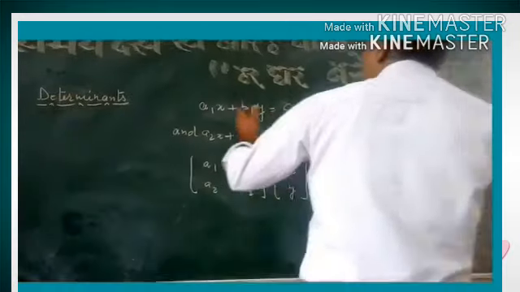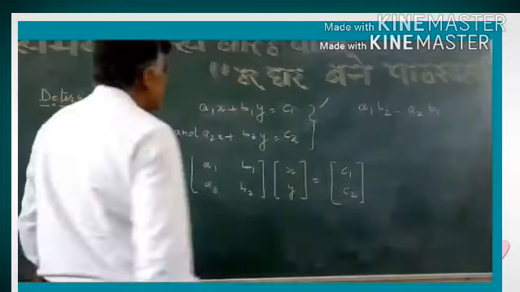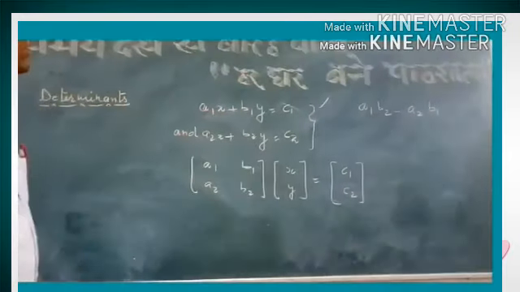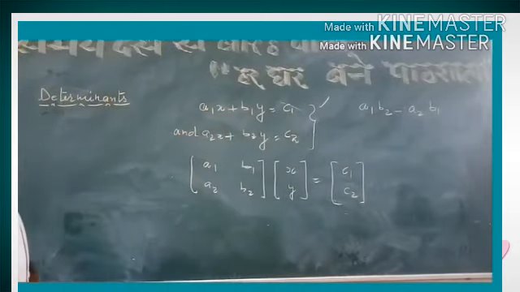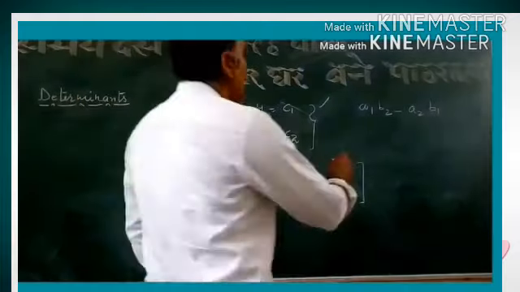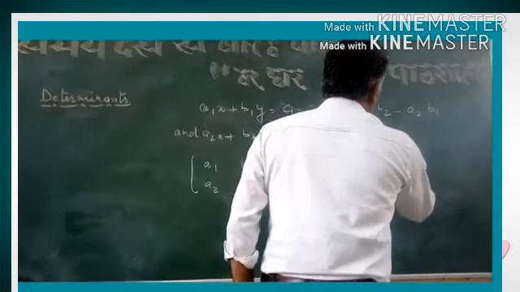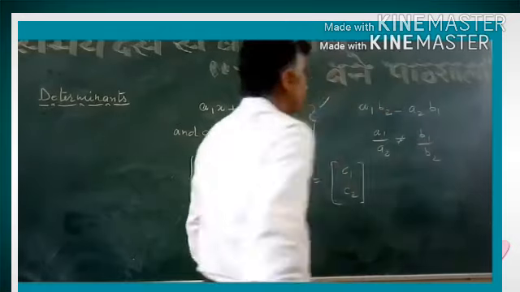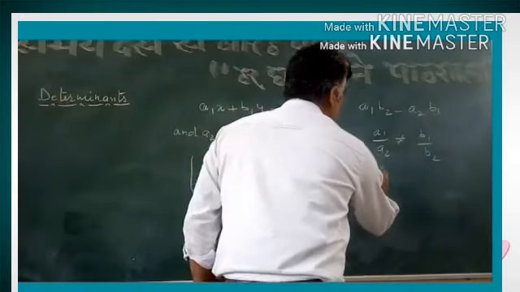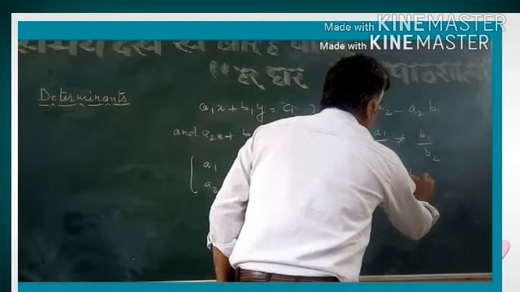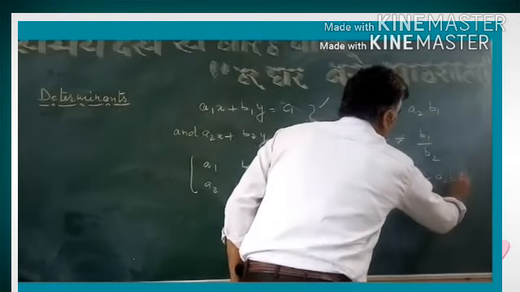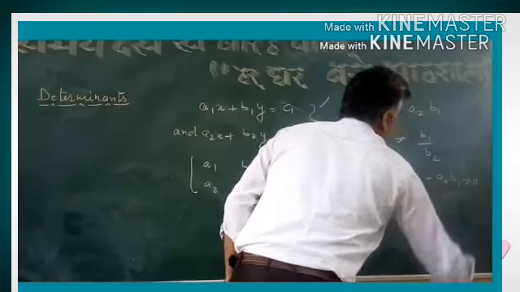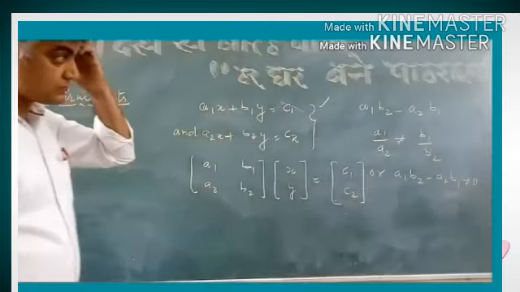In 10th class, you have studied that a system of linear equations in two variables has a unique solution or not depending on a condition: if a1 upon a2 is not equal to b1 upon b2, or after solving, we get a1 b2 minus a2 b1 not equal to 0.